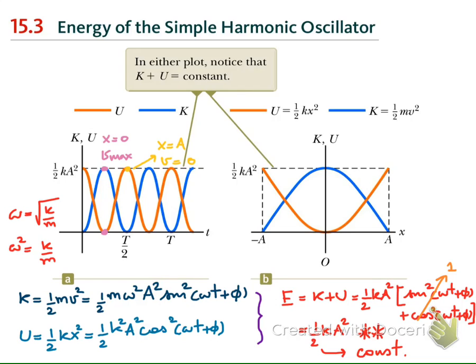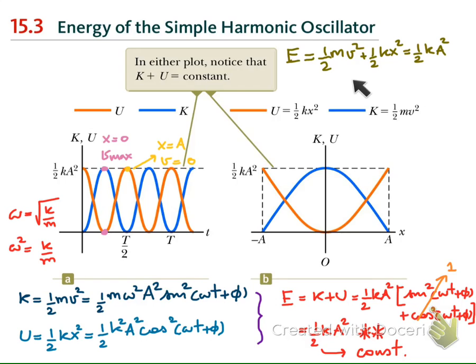And from the conservation of energy, we can also write down the energy as E is equal to half of m v squared plus half of k x squared, which equals half of k A squared.